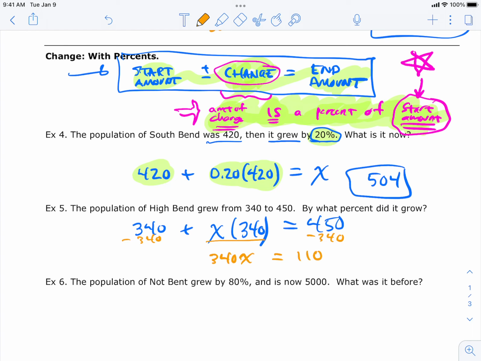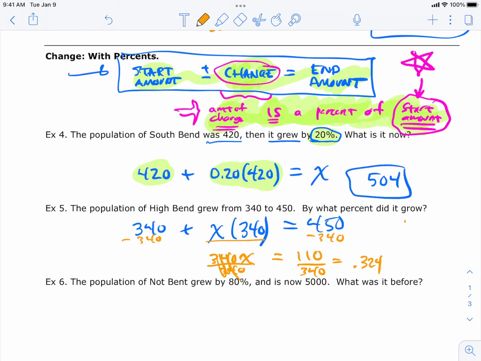To get x by itself, I now have to cancel the 340 on both sides, so I divide both sides by 340. 110 divided by 340 is 0.32, I'm going to round it a little bit, 0.324. Again, that's the decimal.